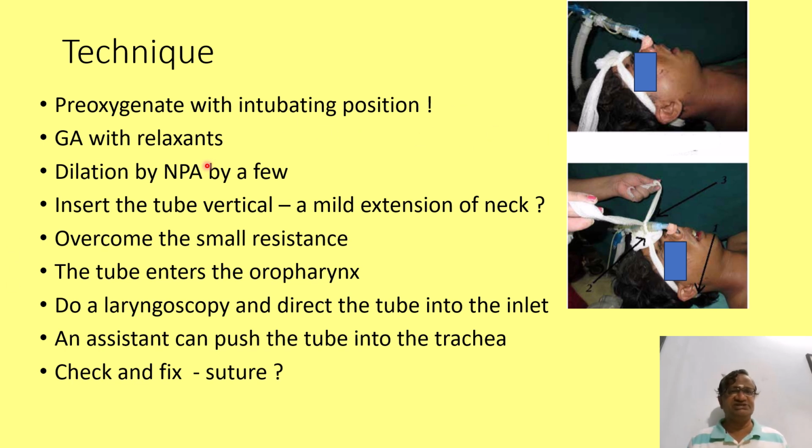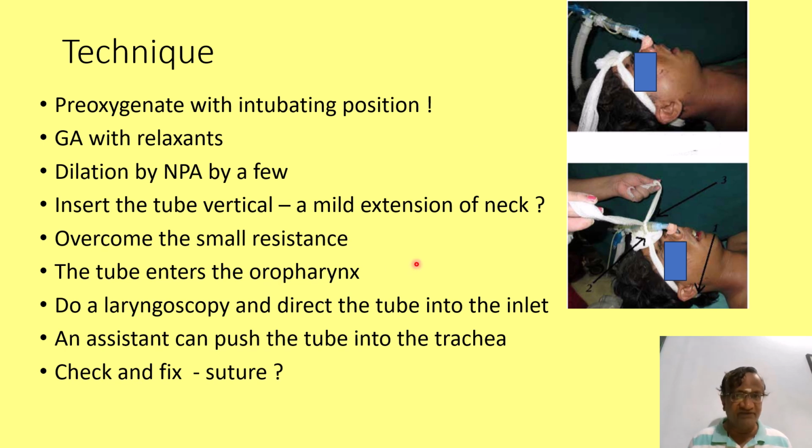Preoxygenate, intubating position, GA with relaxants, dilation with a nasopharyngeal airway, which people may sometimes put. Insert the tube vertically. That is very important because the path is vertical here, just vertical and go in. If you want to go lightly, go 2 millimeters, go like this and then go straight.